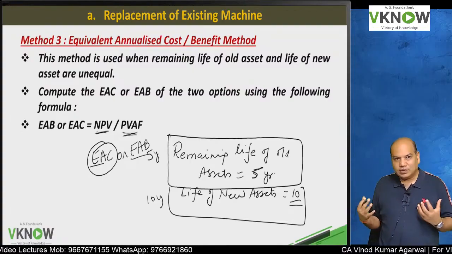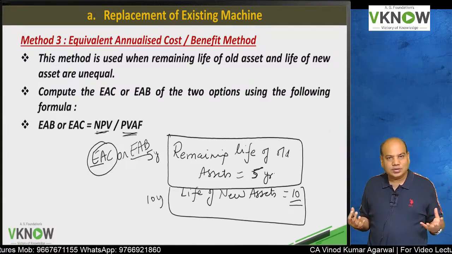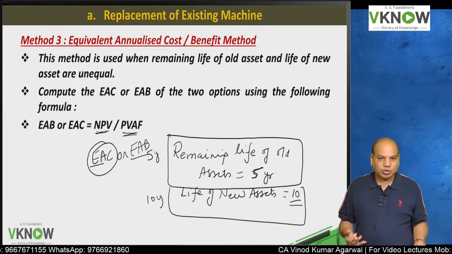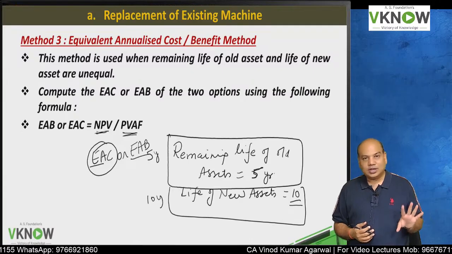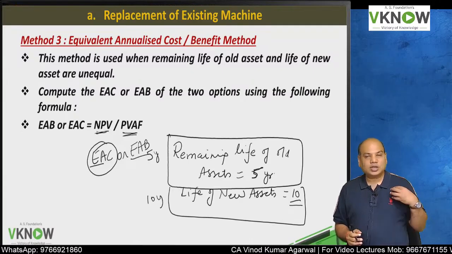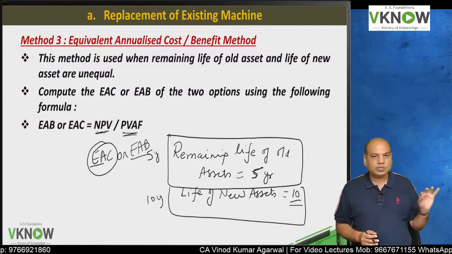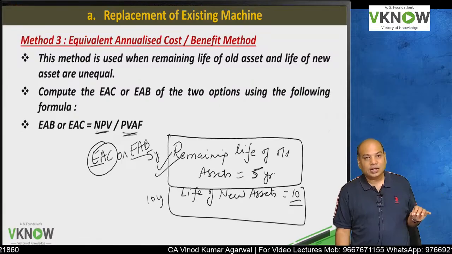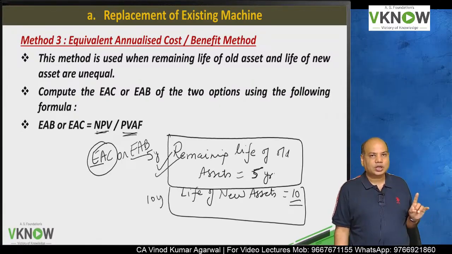So if my objective is cost minimization, then I will compute EAC. If my objective is benefit maximization, I will compute EAB. And then how do I take a decision? I take a decision based on what is my objective. If my objective is cost minimization, if old asset has a lower EAC, I will go with old asset, continue.